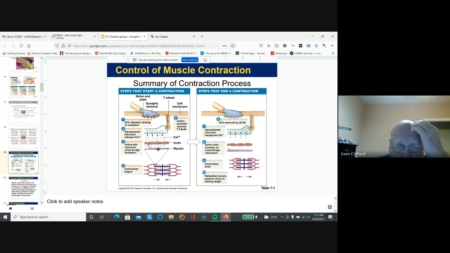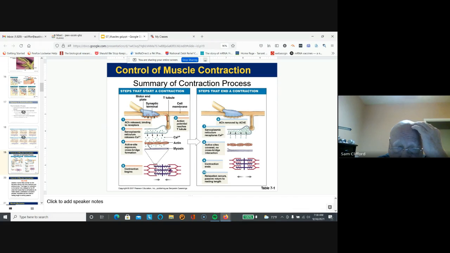That calcium binds to the troponin, and that causes the tropomyosin to rotate and expose the myosin binding sites on the actin. So these myosin heads fuse with the actin, so they're connected at the myosin head.